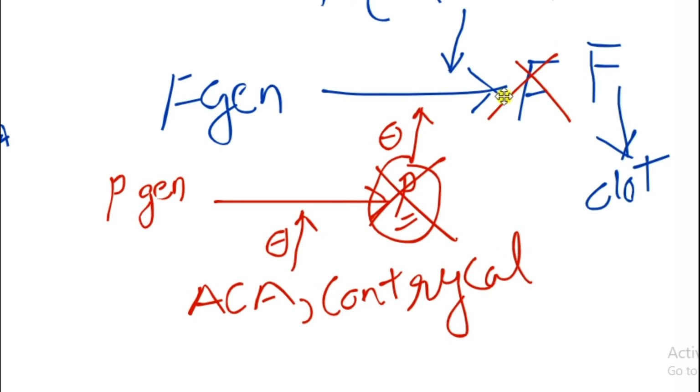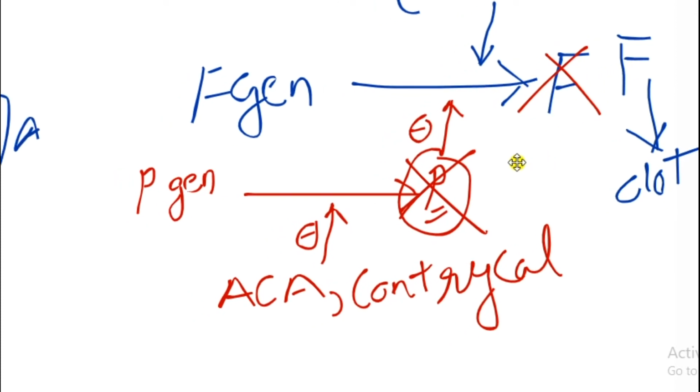This fibrin can be dissolved by the protease enzyme plasmin. So fibrin will not form and it can be dissolved, so there will be no further clotting.